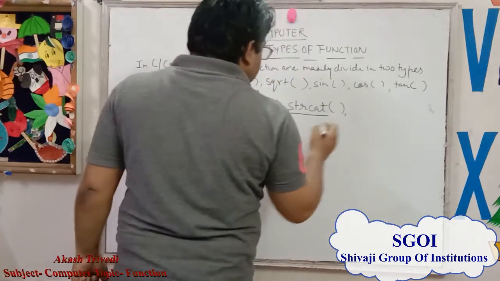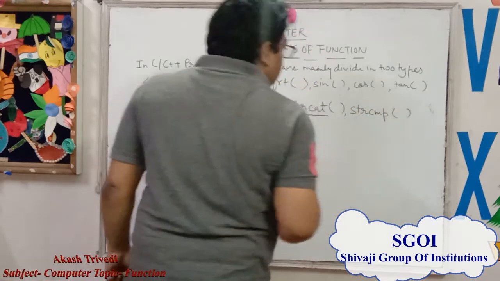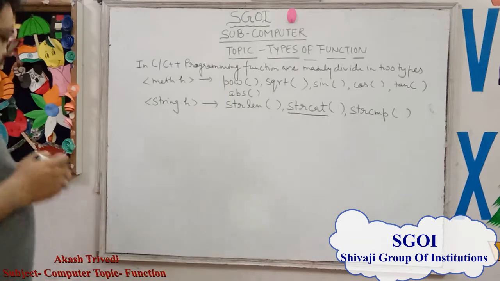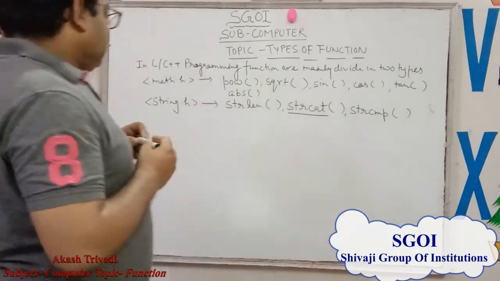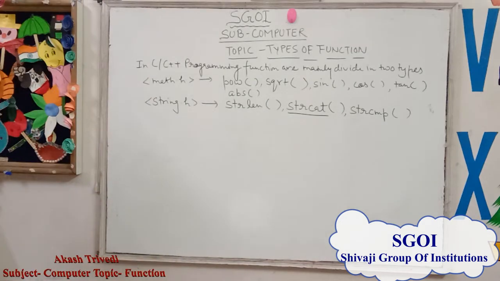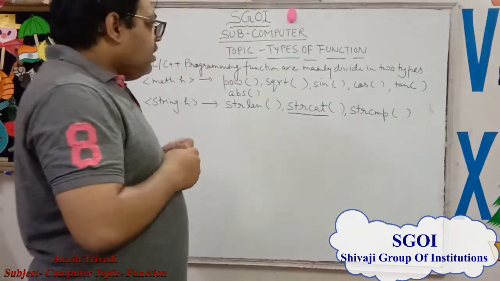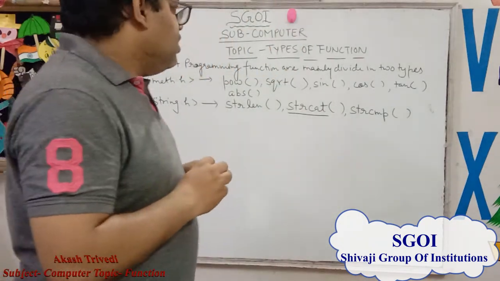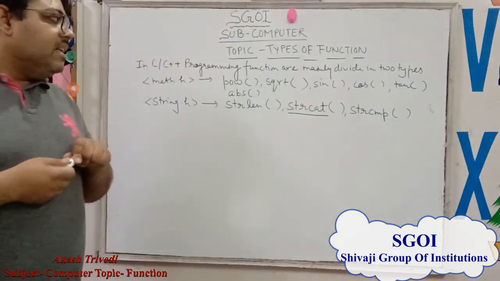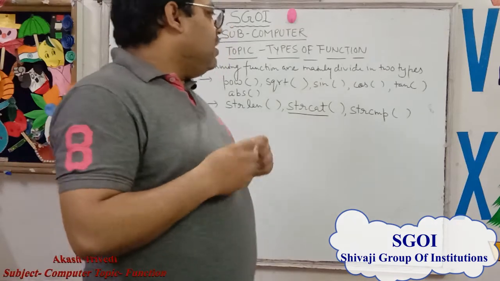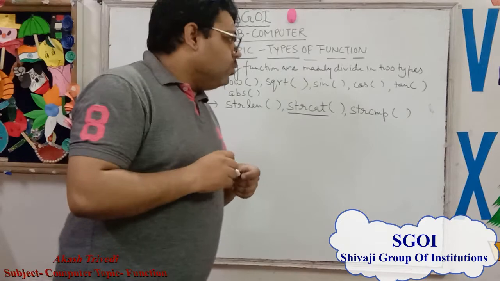The next function is strcmp. It compares two strings, that is str1 and str2, and there are three possible conditions. The first condition is if str1 is greater than str2. The second condition is if str1 is less than str2, and the third condition is if str1 is equal to str2.